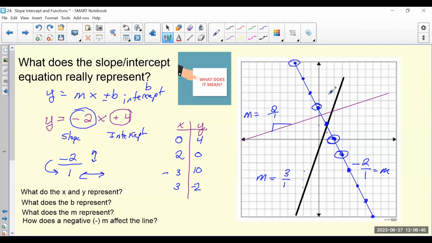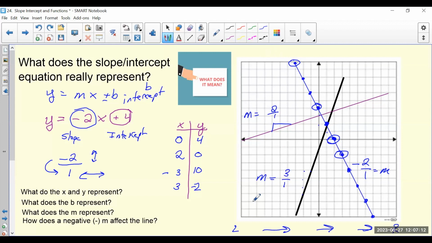Well, okay, pretty straightforward. This line, as you go from left to right, this line is going up. Up is considered the positive direction. As you go from left to right, this line is going up in a positive direction.